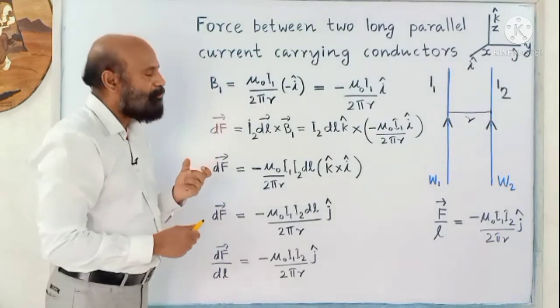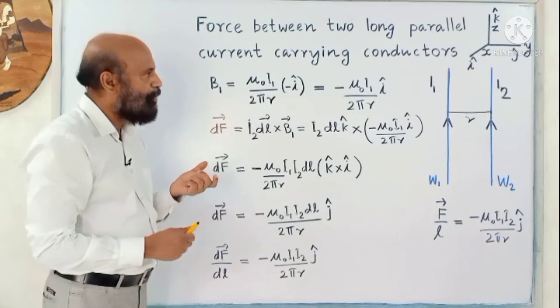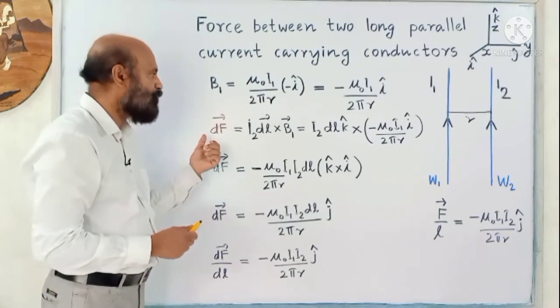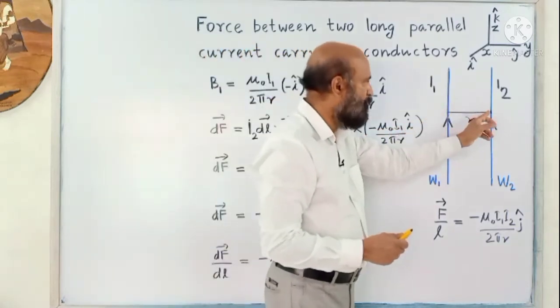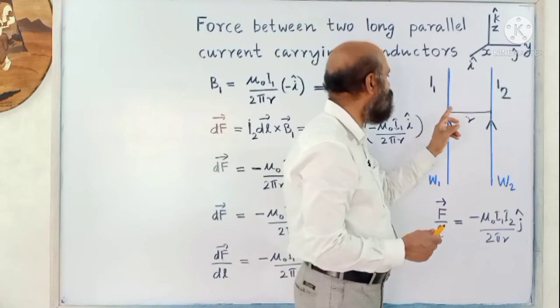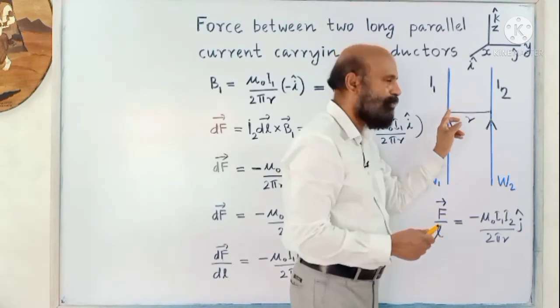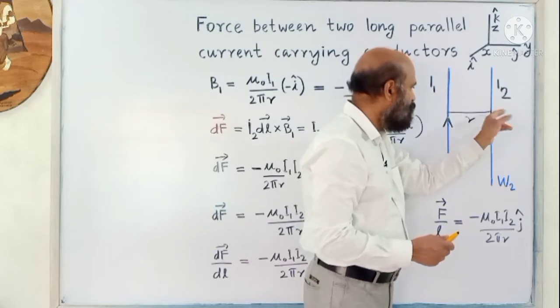Then you know that when a current carrying conductor is kept in a magnetic field, it will experience a force, that is the magnetic Lorentz force. So now this conductor is kept in the magnetic field produced by the current in the first conductor. So that is acting inward.